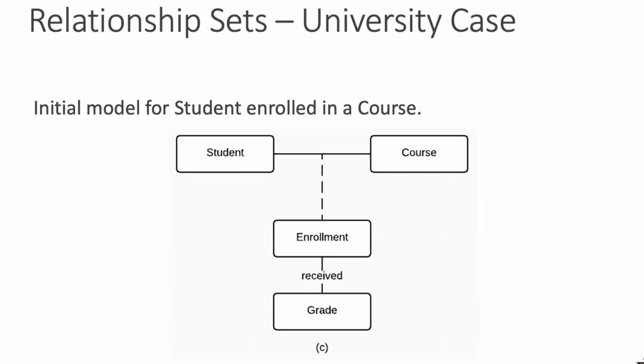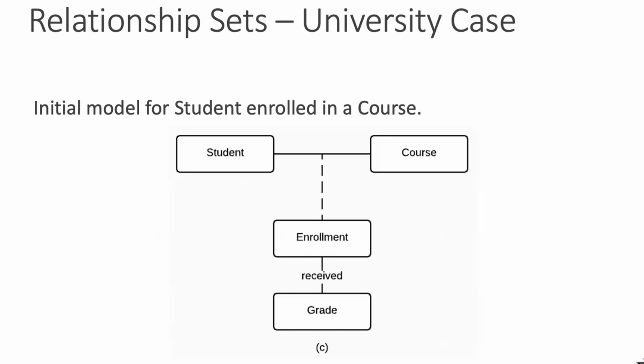Let's see another example, this time in the university case, okay? A student and a course, we already know that. There is a many-to-many relationship, so we need to have the association. The association here is enrollment, okay?